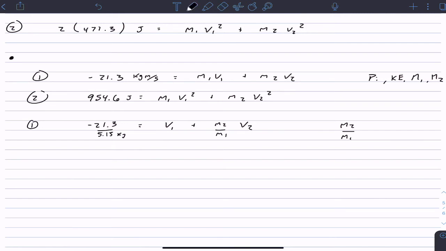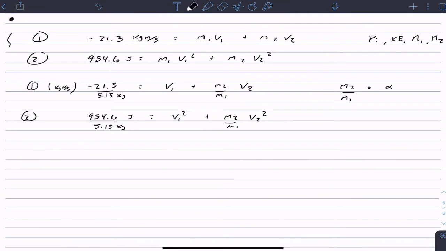M2 over M1 I'm going to call alpha, and then I'll bring that back at the end. And then for equation 2, we have 954.6 over 5.15 kilograms, in joules per kilogram, or meters squared per second squared. So that equals V1 squared plus M2 over M1 times V2 squared.